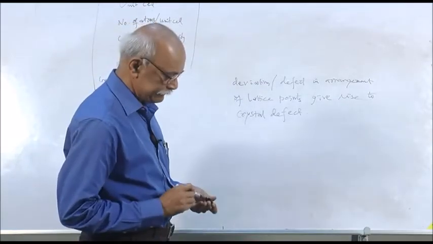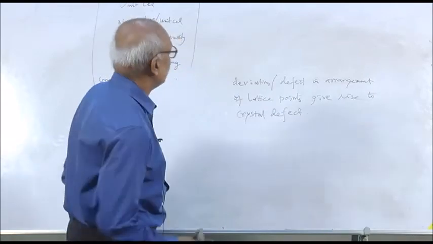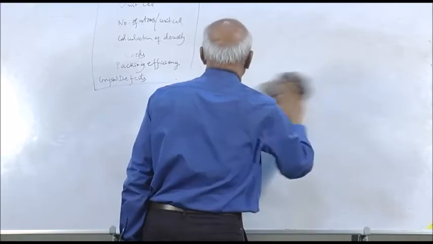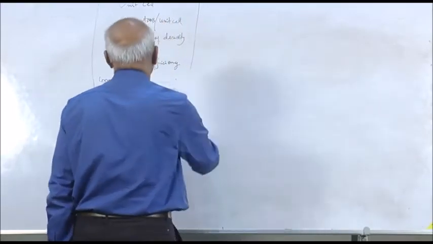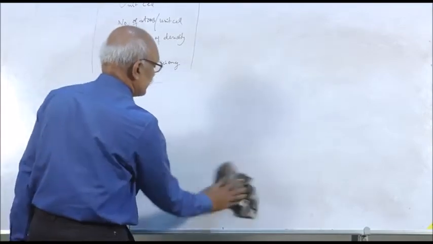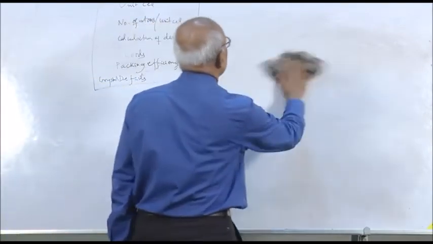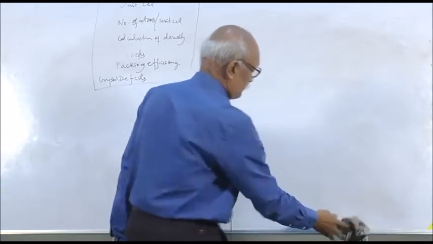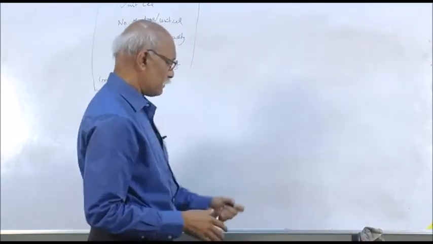If the defect is more, then the cost is less. So the chemical property does not vary, but the physical property changes with the defect in the crystal. We shall discuss that in your practical class.